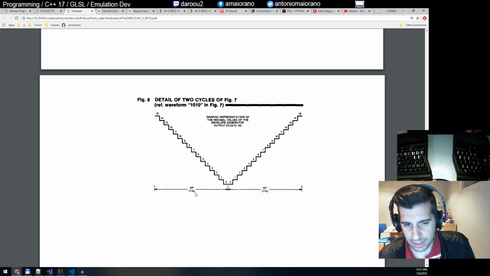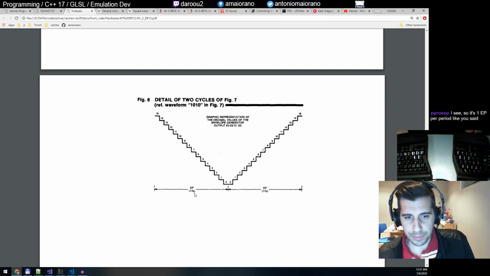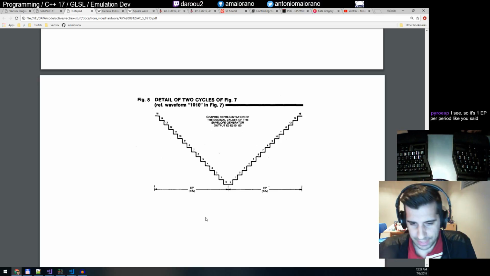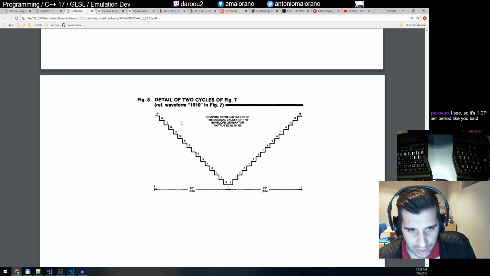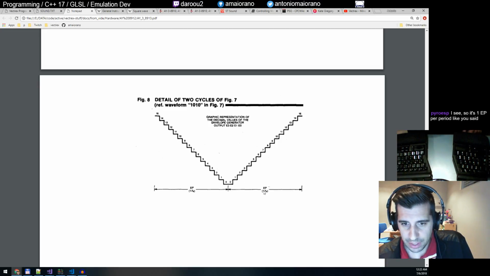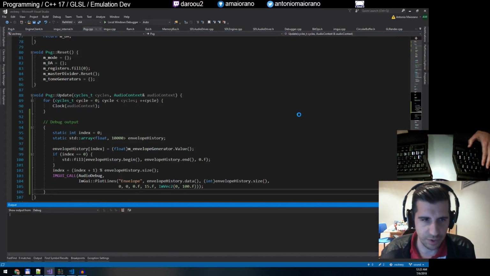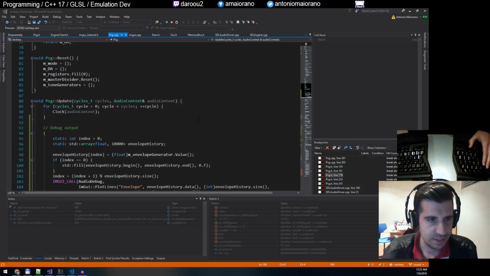So basically the frequency of the envelope, which is the number of times per second, 1 over that is the seconds per thing, the period basically, and that's what EP stands for. And it's showing here that in one EP we do one shape like this. In the 1010 case specifically, where it goes down then up, it would take 2 periods to produce this. Everything seems to point to that. I feel like there's something else going on, and hopefully I'll be able to see it.